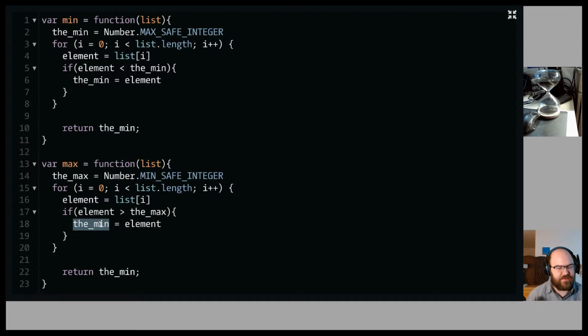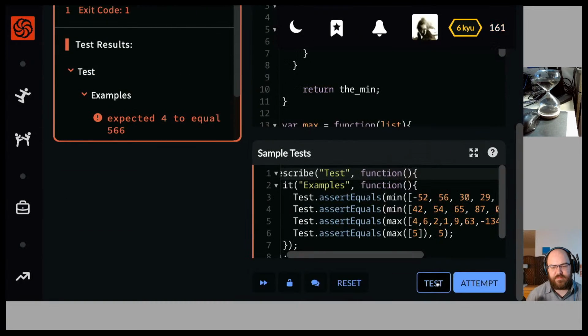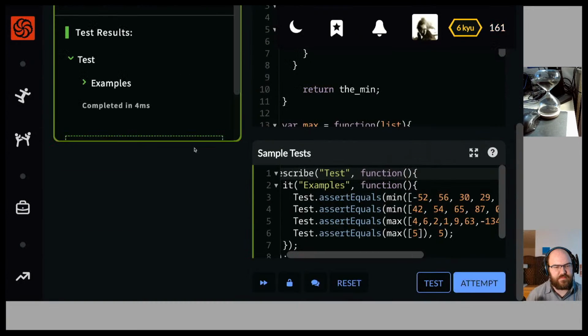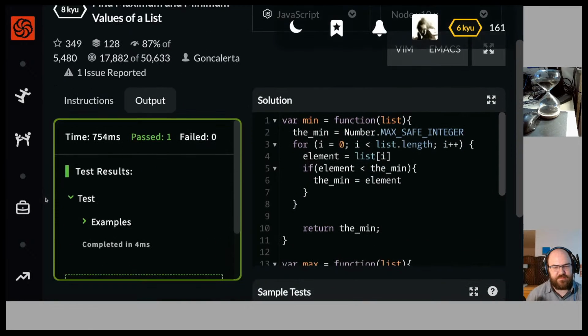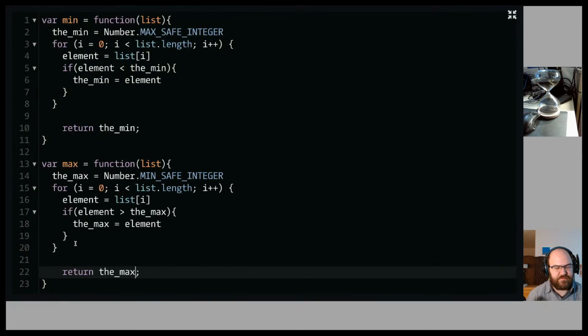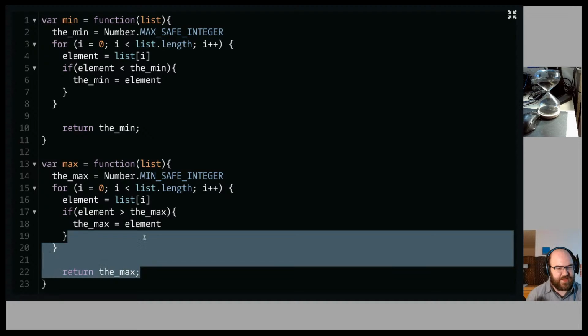If element is greater than the max, then the max equals element, return the max. Okay, there we have it. But I think it would be valuable for me to slow down and explain my thinking again.